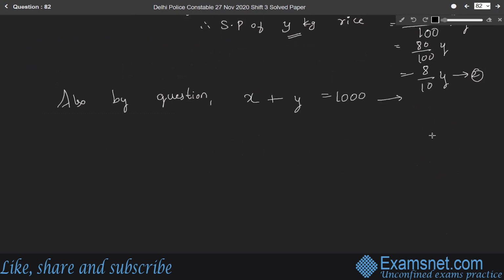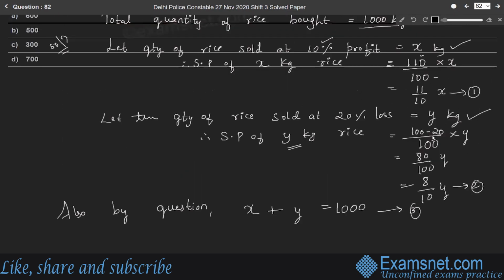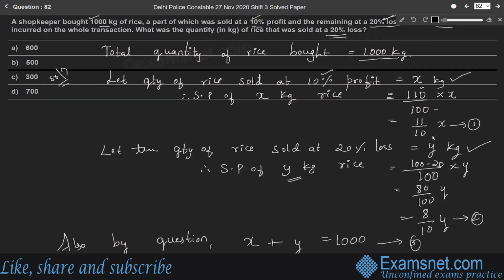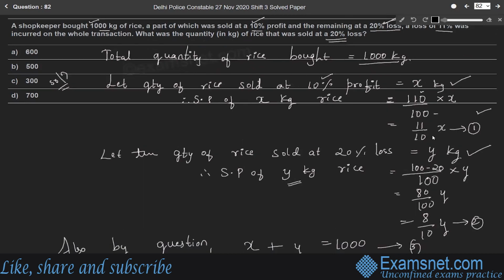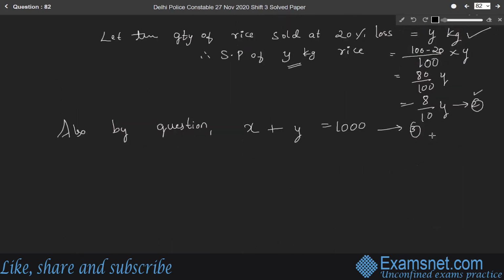Right? So consider this as 3. So by 1, 2 and 3, here is the selling price of rice at profit and the selling price of rice at loss.